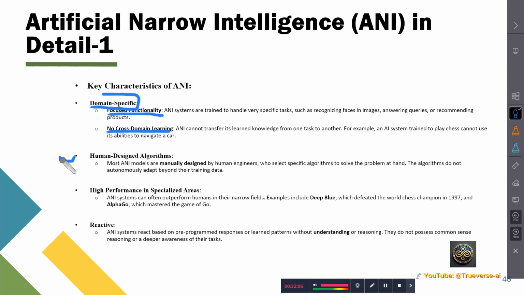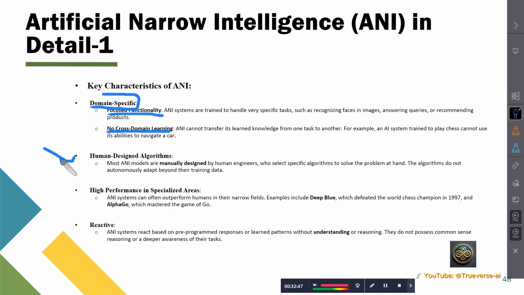And this is the human-designed algorithm. Most AI models are manually crafted by human engineers who design a specific algorithm for solving a particular problem. These systems rely on humans to fine-tune their process and do not autonomously adapt beyond their training data. Engineers select the algorithm and use the data to ensure AI performs well in its designated area.